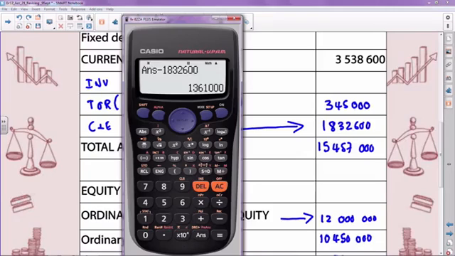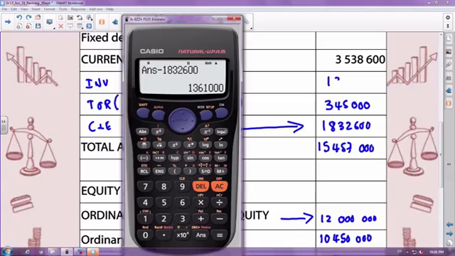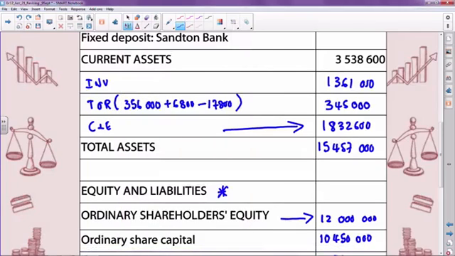Obviously, that becomes your missing figure, and that you would slot in as part of your inventories, 1,361,000. You've now completed almost the entire balance sheet.